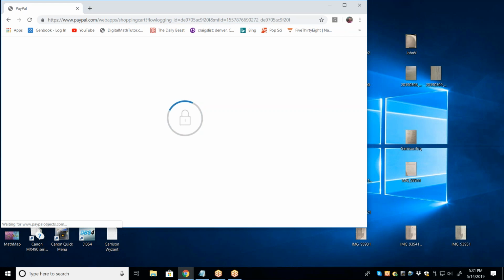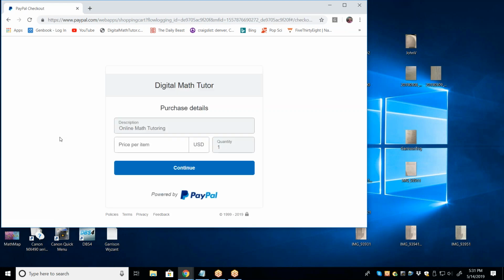And then you have to put in the amount. If I click in there and type 16, which is the amount for today, then as soon as I hit continue, it will pop open a screen that only you can see that lets you put in your PayPal. It's as simple as that. And then it's like one click after that.